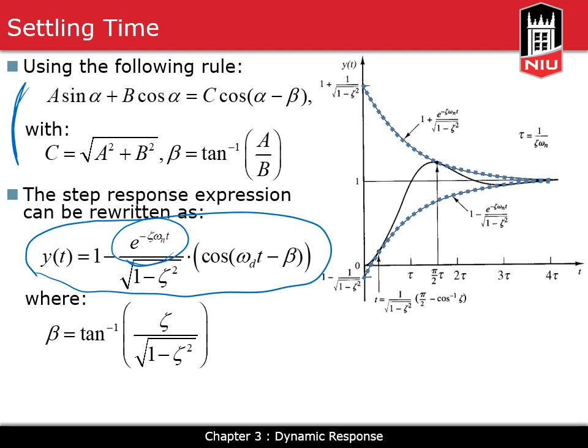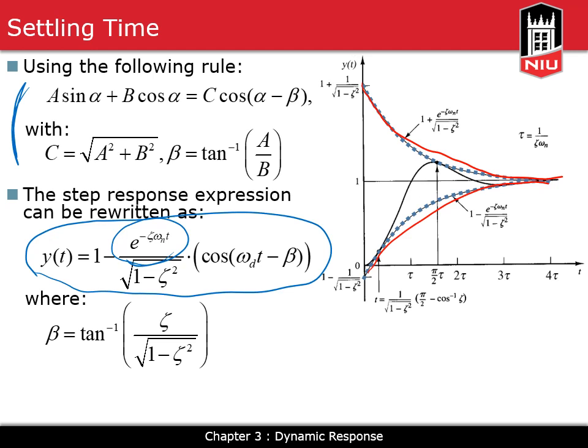I'm going to use a red color here, this exponential and this exponential. These are not the actual response. These are envelopes that are put around the response and are created by that exponential term. So because of that exponential term that's getting multiplied by the cosine, we know that the response is always going to be between those two red lines.